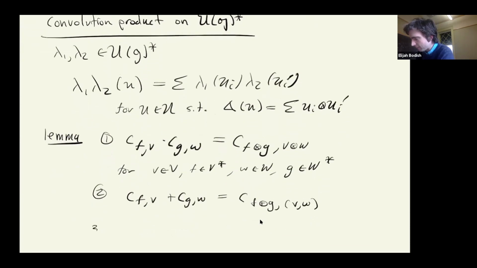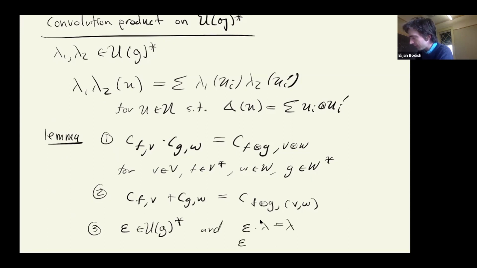And then I also have a unit with respect to this convolution product in U of G star, and that's the co-unit, which is a functional on U of G. So the co-unit is in U of G star, and multiplying a functional by it gives me back the functional.